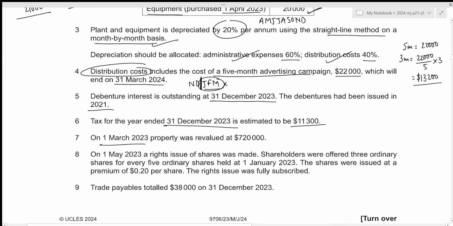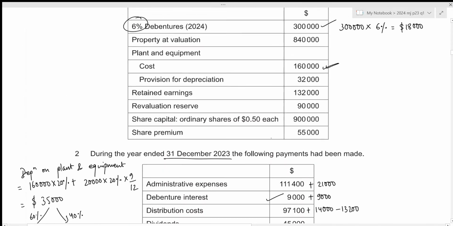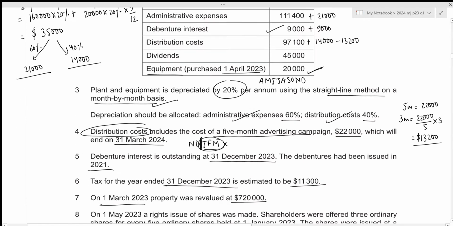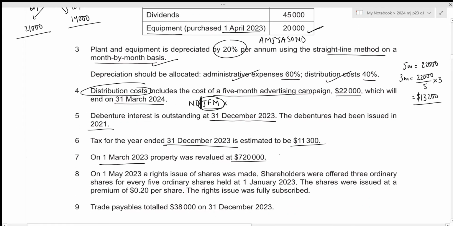And on 1st March 2023, property was revalued at 720,000. Previously, property was 840,000. Clearly, there has been a revaluation downwards. Let's calculate it. So revaluation downwards is the difference. So 840,000 minus 720,000.